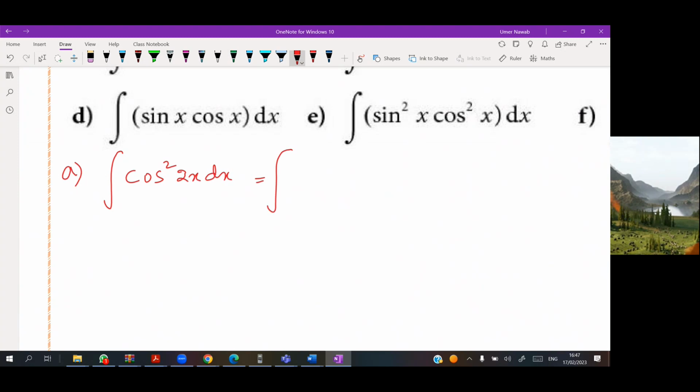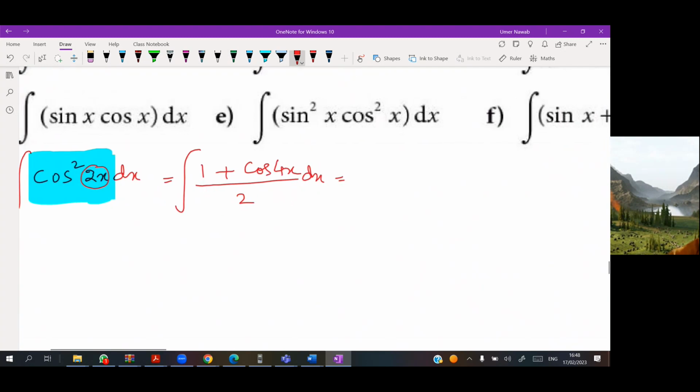Then I will recall, did we study this type of a result before? Yes, we have to use the half angle identity, which is equal to 1 plus cosine. Take the double of that. It's 2x, so I need to write here 4x divided by 2 dx.